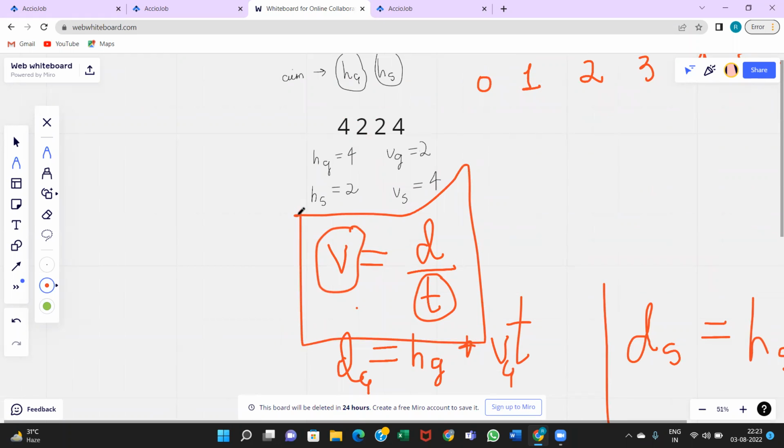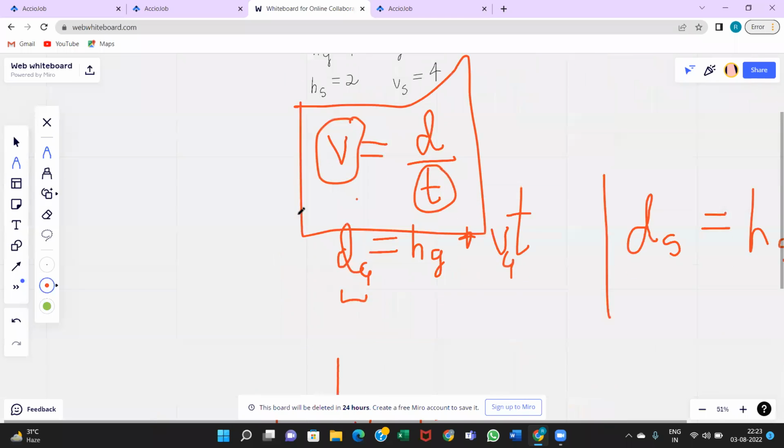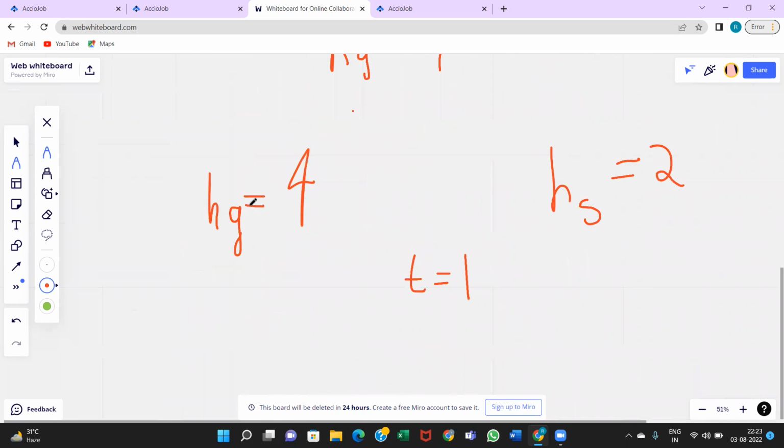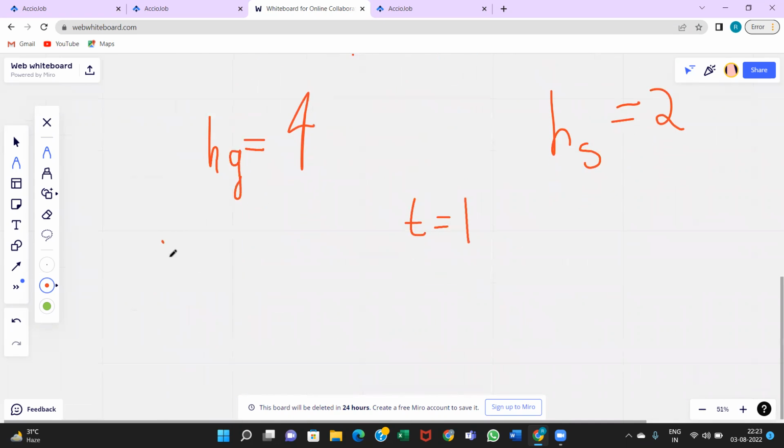All right. So we can't directly use this formula. This will only tell me what the increment in the height is in just 1 second. So for 1 second, how are we going to calculate? It will be the velocity of Jian into 1, which will be the increment in Jian's height.